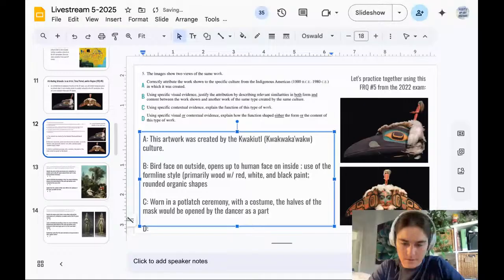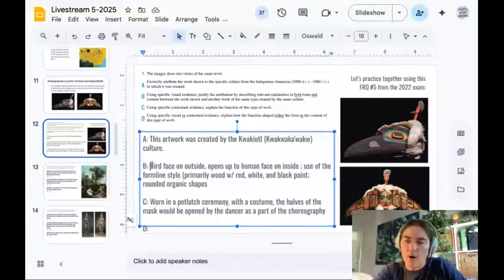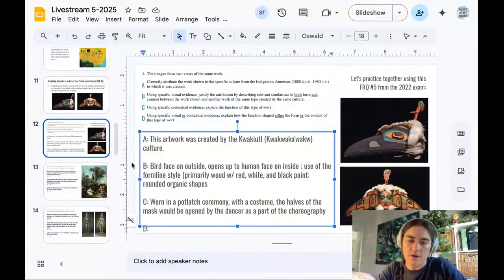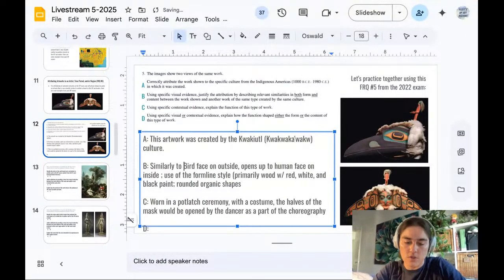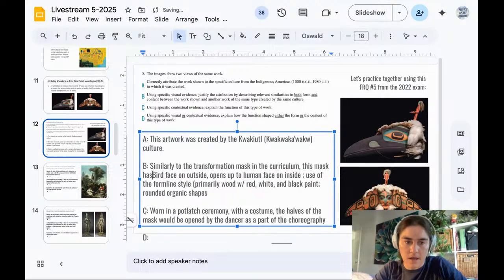Okay, I saw a question: does unknown for the artist count as an identifier? So for B, I saw something another student mentioned in the chat here. In terms of similarities between the work shown and the other work of the same type created by the same culture: similarly to the transformation mask in the curriculum, this mask has a bird face on the outside and opens up to a human face on the inside.